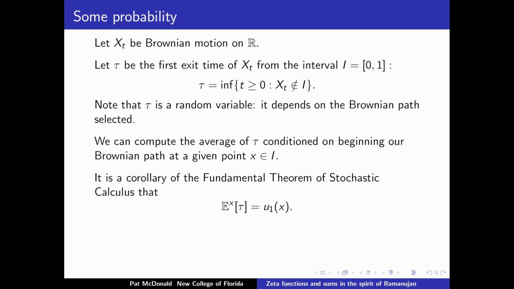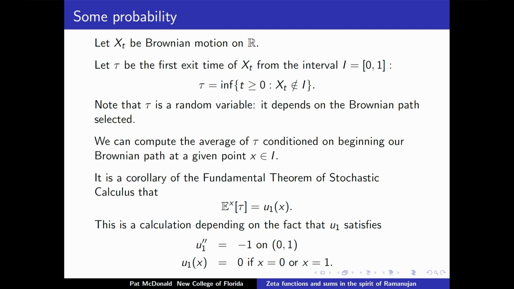And the corollary itself, the proof, boils down to something very simple. You just have to know that U1 satisfies this Poisson problem. Once I know that, I just look up Ito's theorem. I use U1 on the left-hand side of Ito's theorem. This is what I get when I compute an average.